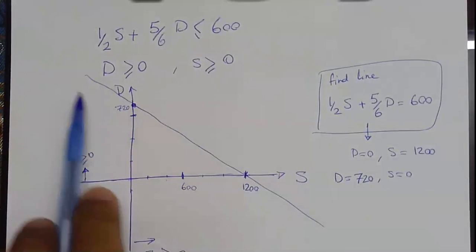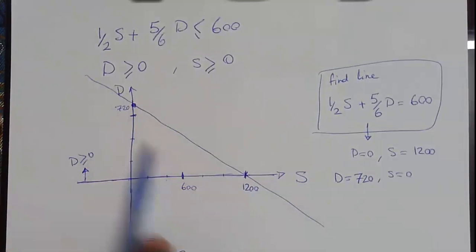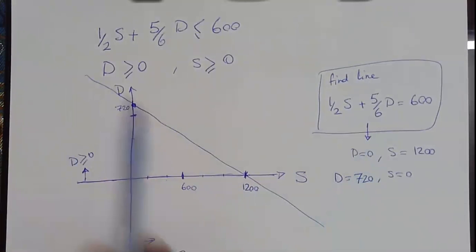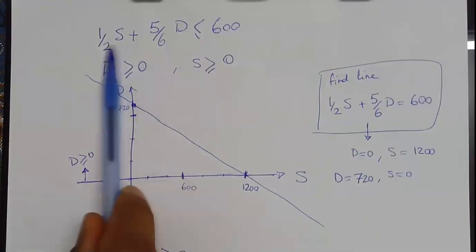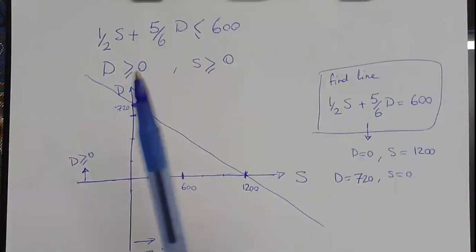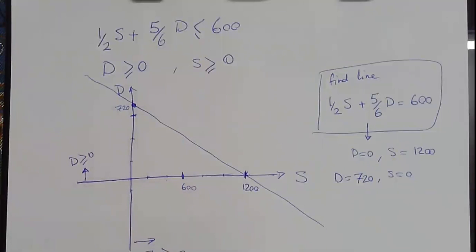All right, so now I have the boundary line for this constraint. On one side of this line, it's going to be feasible with respect to this inequality. On the other side, it's going to be in violation of this inequality.